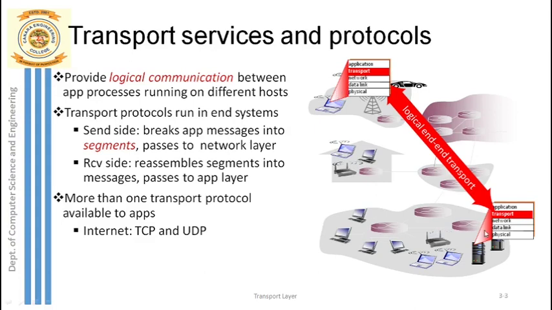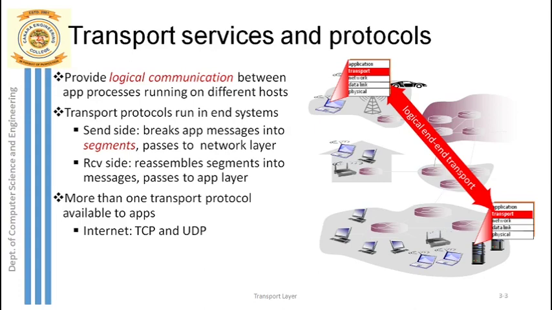So we call it logical communication between the two processes, happening because of the transport layer. So the transport layer provides a reliable service, and it is responsible for logical communication between the two processes running in the sender system and the receiver system respectively. I hope it is clear about the transport layer.